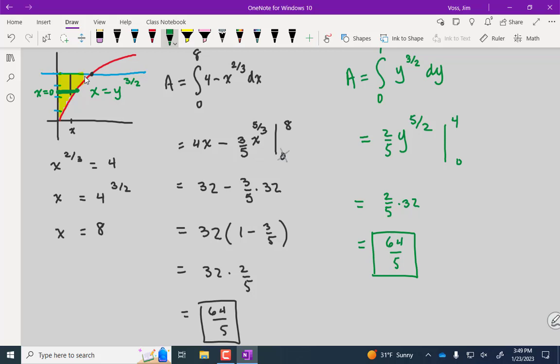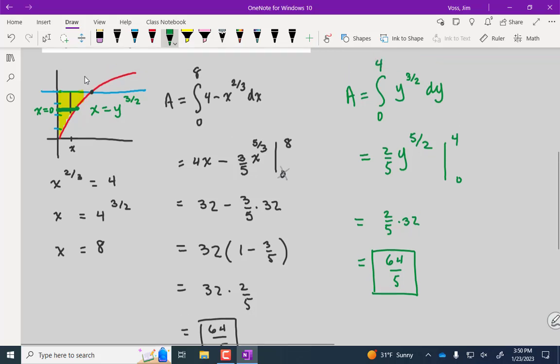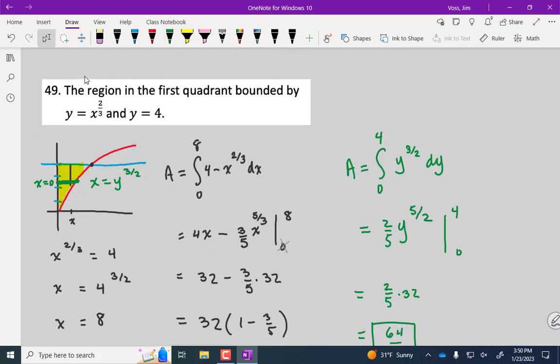All right, any questions so far? No questions? Comments? Why not? How do we know the equation for y on the red line? This one here? Yeah, everybody see? So what was the question? How do we go from here to here? Yeah. So we are going to want to isolate x. If we have that y is equal to x to the 2/3, then we are going to raise both sides of this to the 3/2, so that 2/3 times 3/2 is 1.